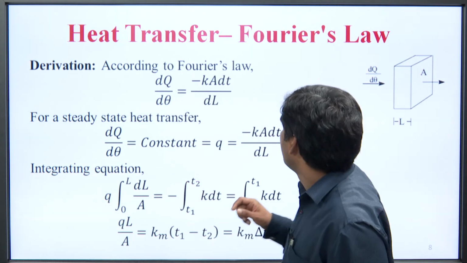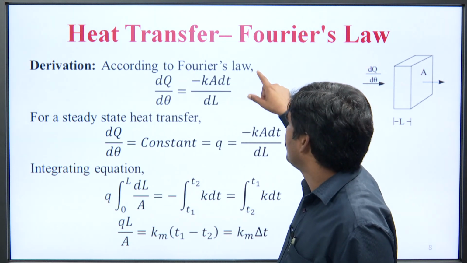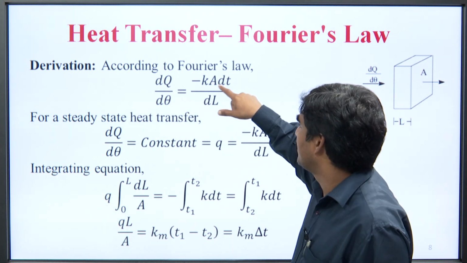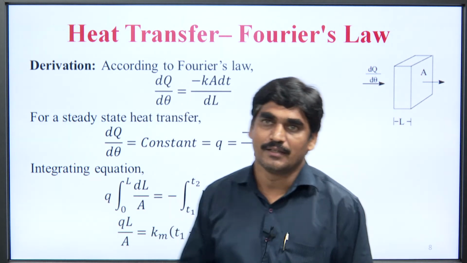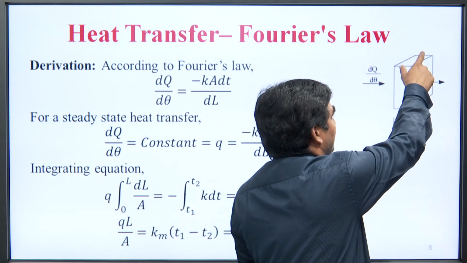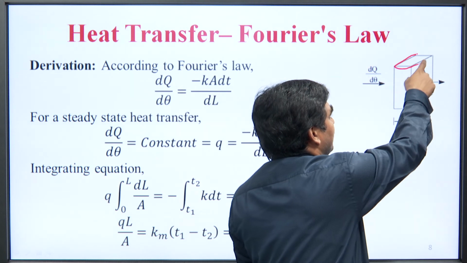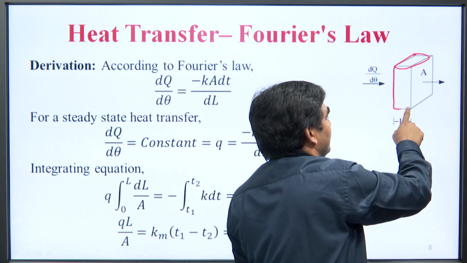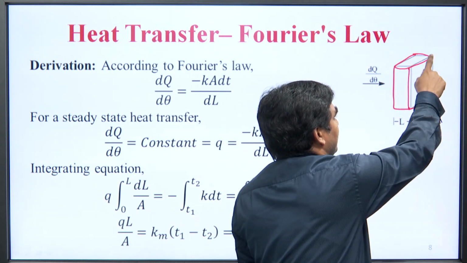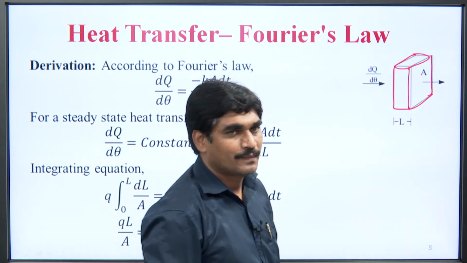Now, further derivation of this equation, according to Fourier's law, dQ by d theta is equal to minus k A dT by dL. If you see in this diagram, this is the object through which heat is flowing. Okay.